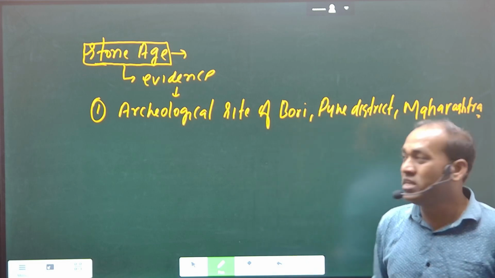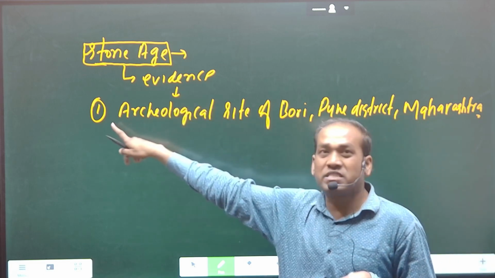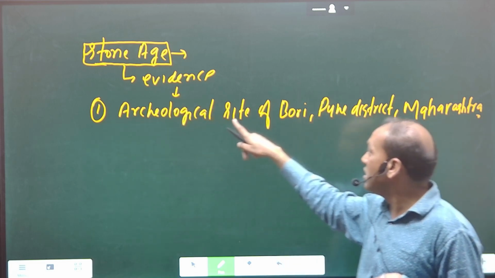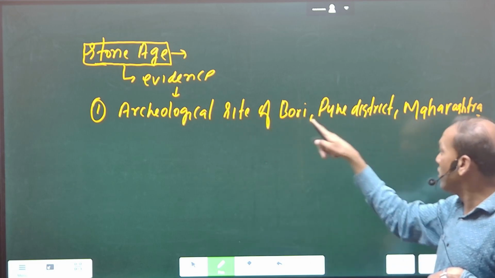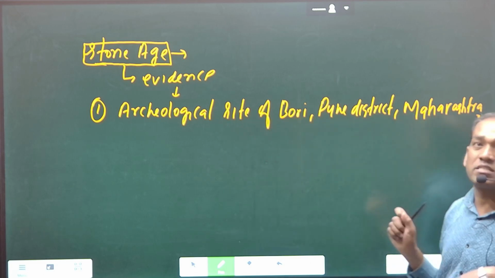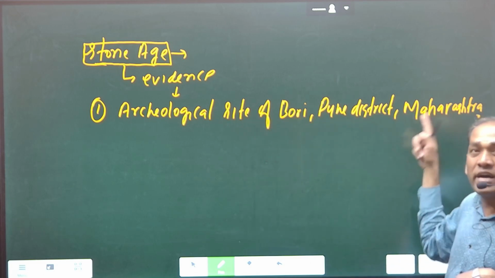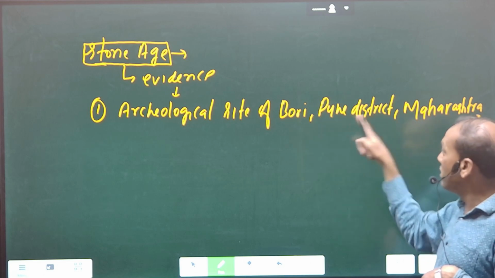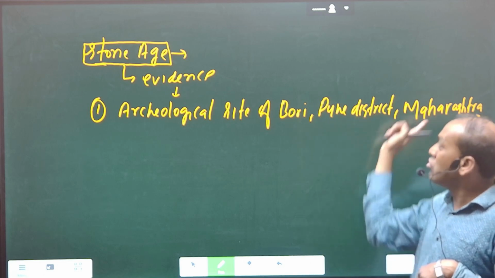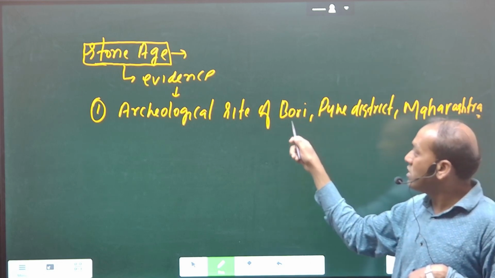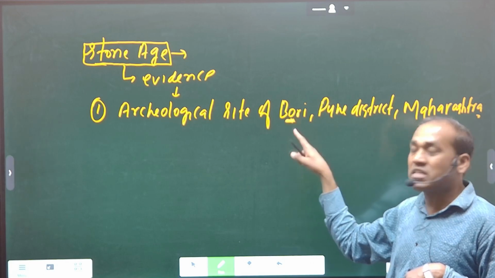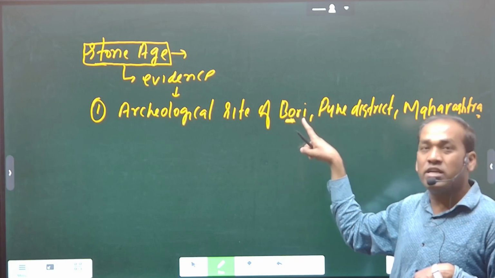The first evidence is the archaeological site of Bori, Pune district, Maharashtra. In the state of Maharashtra, there is one city, Pune district, and in Pune district there is one site, and the name of the site is Bori.